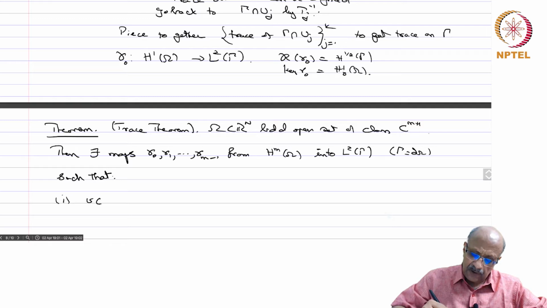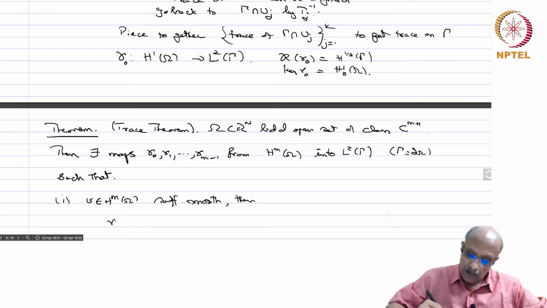If V belongs to Hm of omega sufficiently smooth, then gamma naught V equals V restricted to gamma.